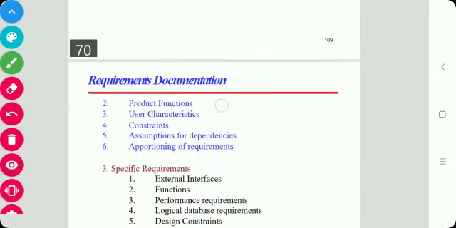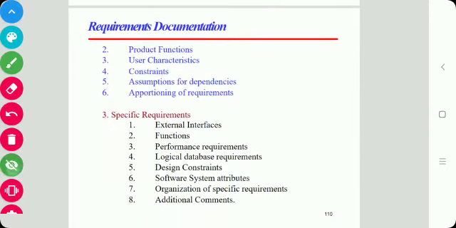The second section again has product functions, which are the functions of the product which we are developing. What are the user characteristics? User characteristics describe the educational level, the experience, and the technical expertise of the user.